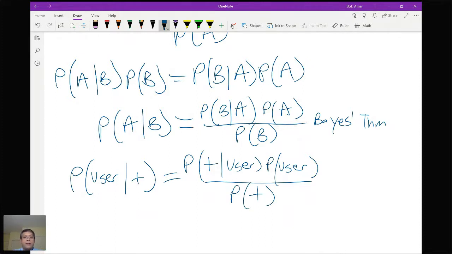In this case, let's say that you happen to know how good your test is. You might know that for someone who is a drug user, your test is 99% accurate. Let's say that you also know what percent of people are drug users.